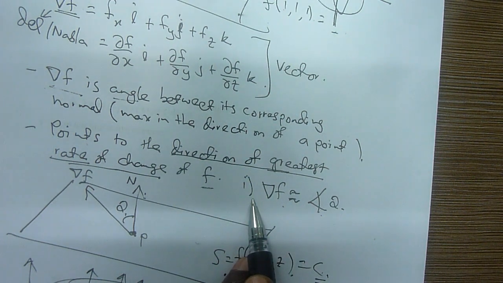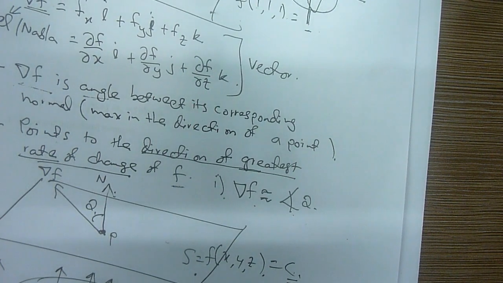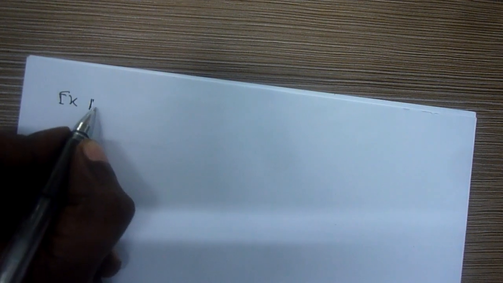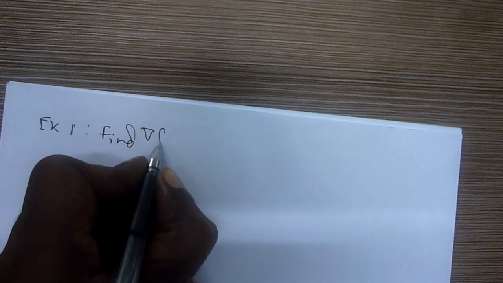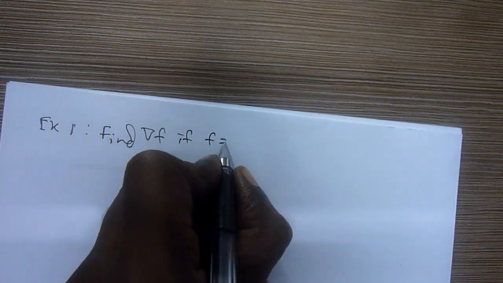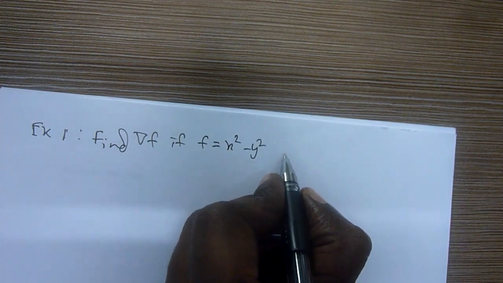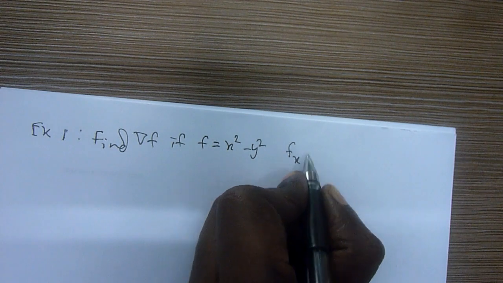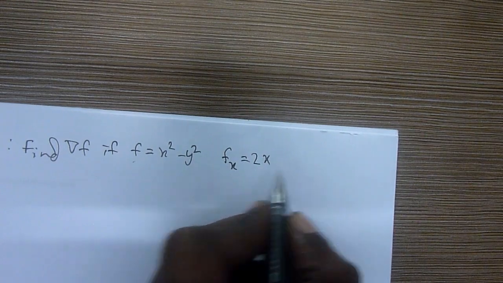Now with that information, let me give you one simple example. This is very simple to calculate. Example 1: find del f if f equals... sorry. fx, you differentiate that, is 2x.